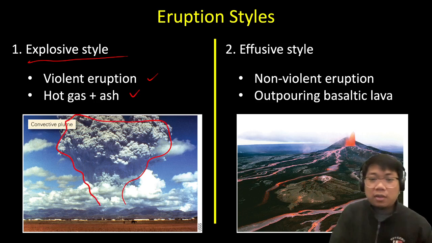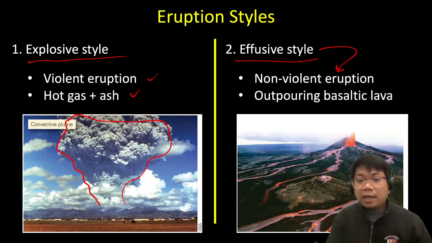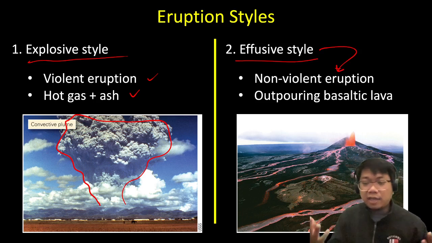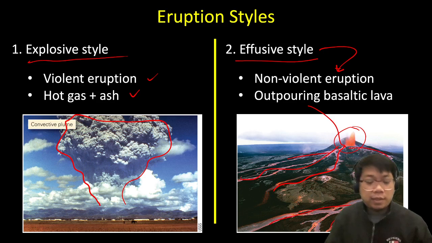And the second one is called the effusive style, and this style is the non-violent eruption style. And again, it does not have any explosion, but it does have some materials coming out from the ground, but most of it is magma or lava that reaches the surface and then it just flows on the ground like this. Okay, so there you go. That is the main difference between the two eruption styles.